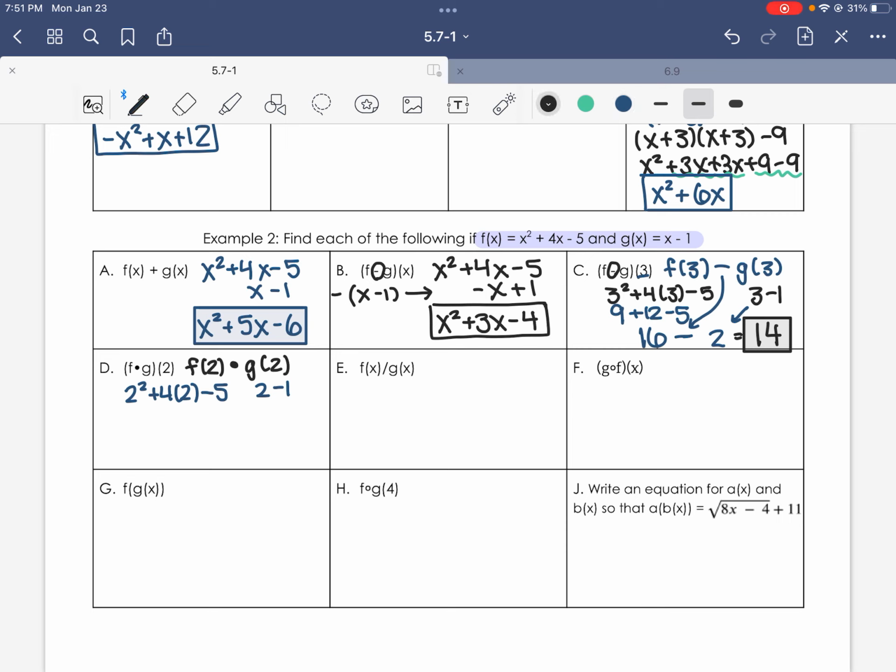And then I solve. 2 squared is 4, 4 times 2 is 8, and 4 plus 8 is 12, 12 minus 5 is 7, times 2 minus 1, which is 1, and 7 times 1 is 7.